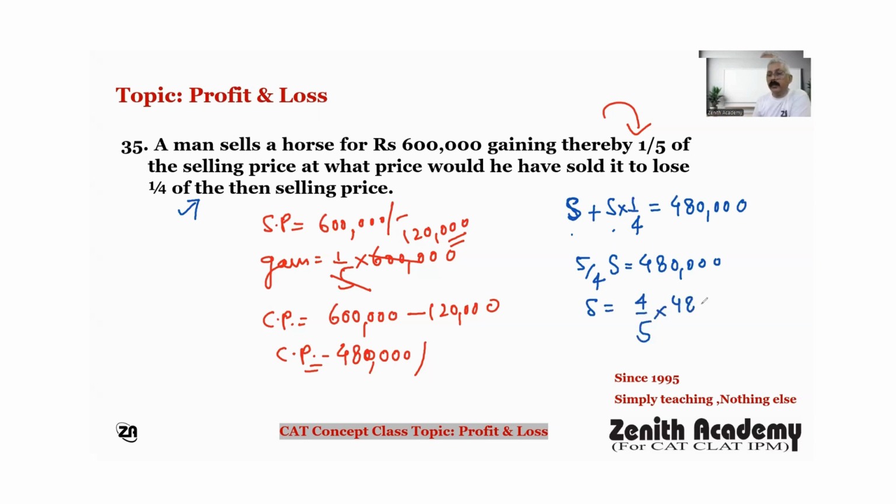You can write it 80 into this. Okay. So 5, this is 2000. And now 4 to the 8, 8 8 ja 64, 8 4 ja 32 plus 6, 38. And this. So the then selling price is 3,84,000.